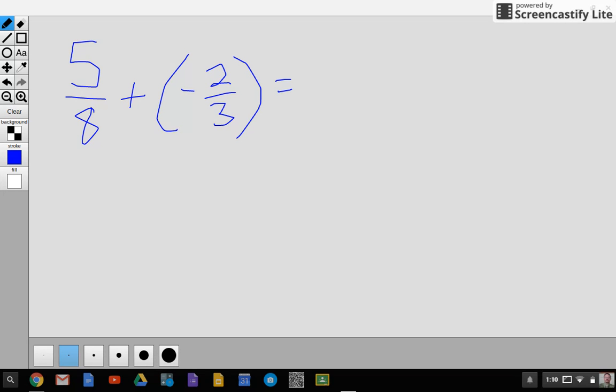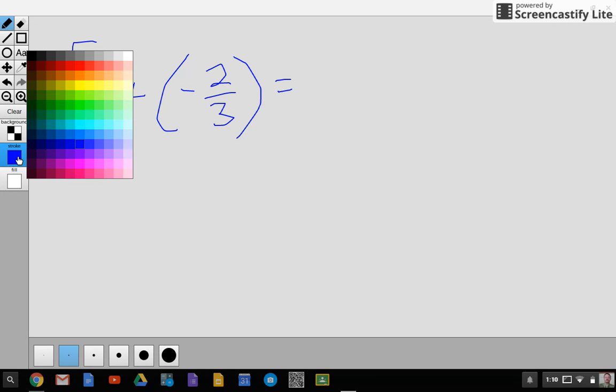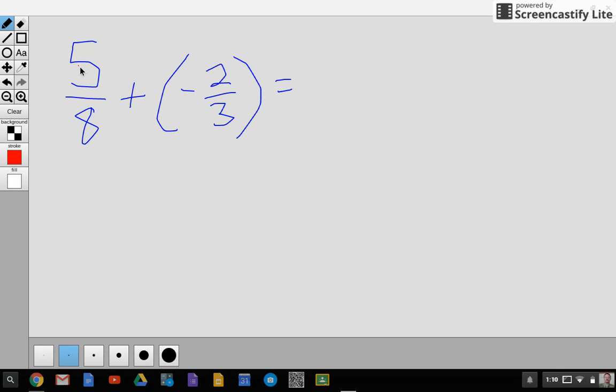So the best way to do this is to list the multiples of each denominator. Now, when I'm talking denominator, I'm talking these numbers here. So my multiples of 8 would be 8, 16, 24, and I'm going to stop right there.